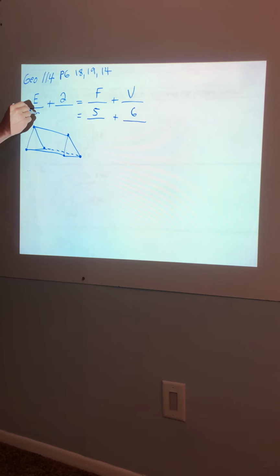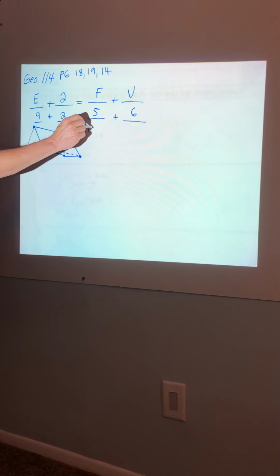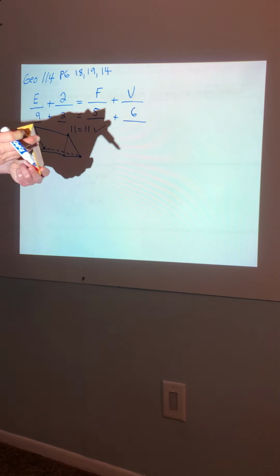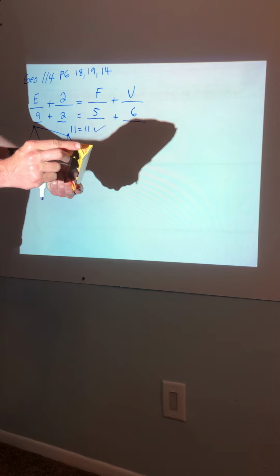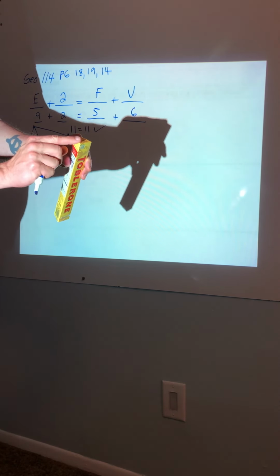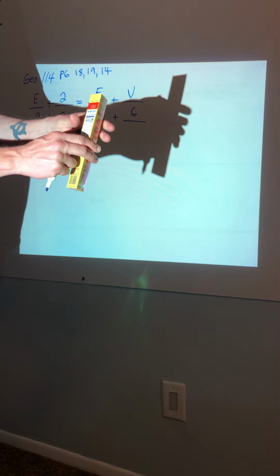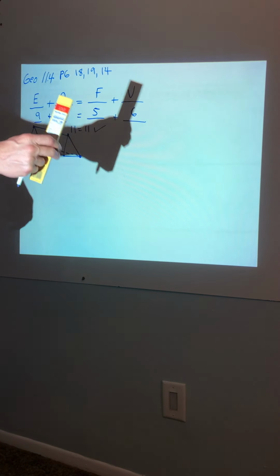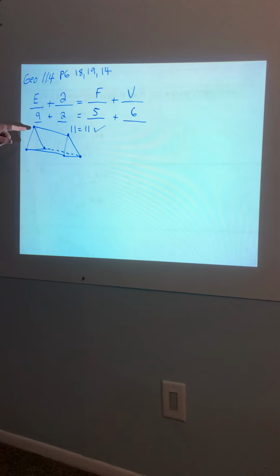So 9 is your edges. And then 9 plus 2 is 11, 11 equals 11, a true statement. And again, with those edges, there's 1, 2, 3 on this triangle, 1, 2, 3 on this triangle, and then 1, 2, 3 going up and down. So that's 3, 6, 9.